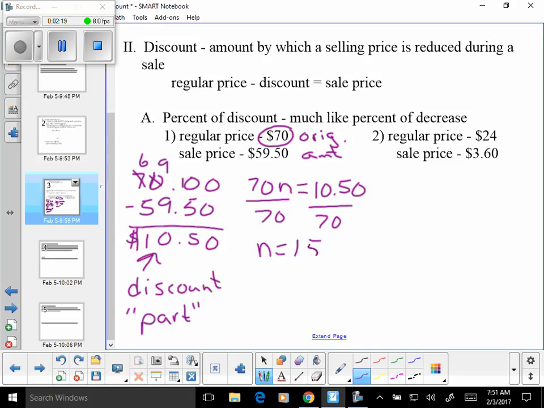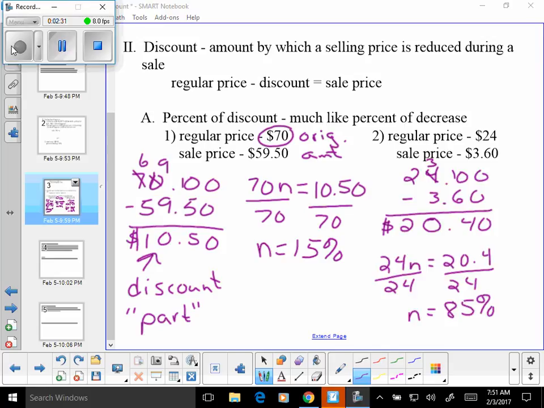We get 15%. Now again, don't forget: 10.5 divided by 70, second function key, percent key, equals. At this point, you hit pause and you do sample 2. Hopefully, you got the percent of decrease or the percent of the sale as 85%.